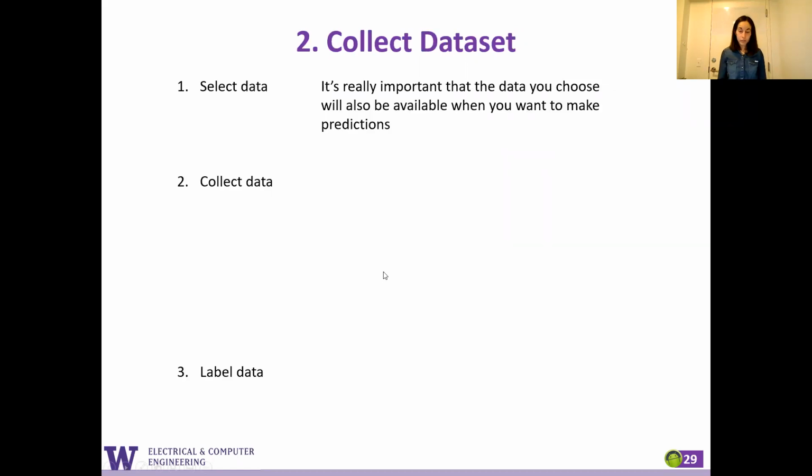Then the second important part is collecting the data set. And I think this is one of the parts that provided a jump in the increasing use of deep learning. We need some data set so that our model can learn.